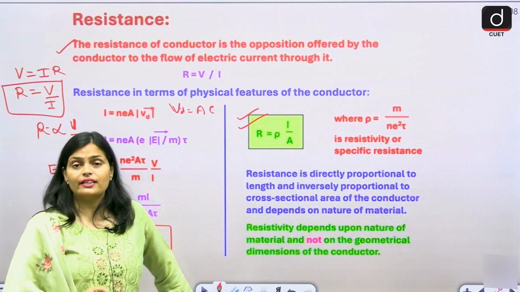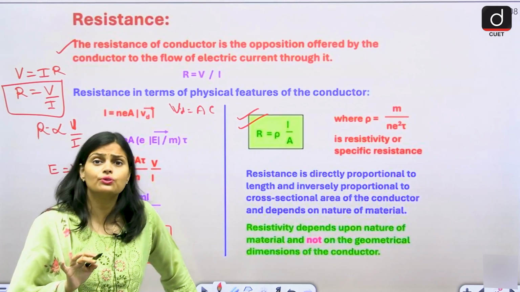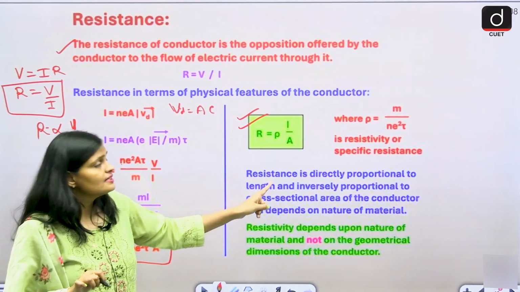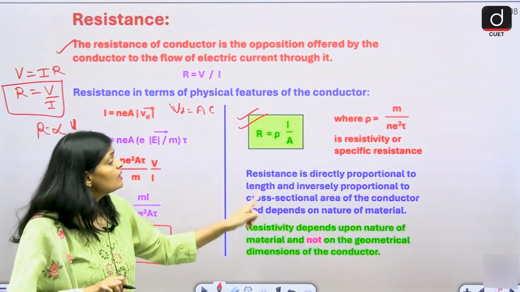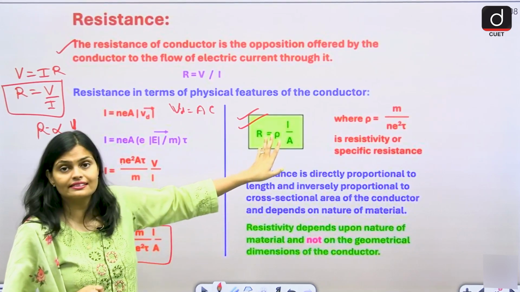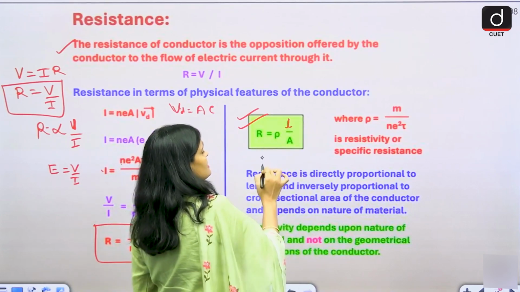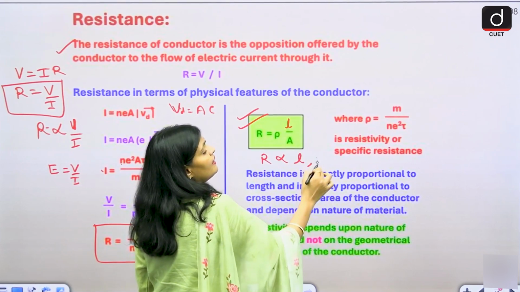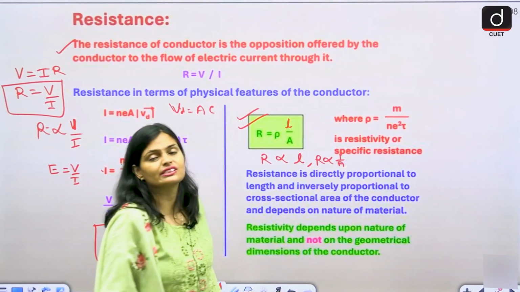Here with the resistance, guys, what you will get to know is that resistance is directly proportional to the length. See here, this is L. Resistance is directly proportional to L and inversely proportional to the area of cross section.